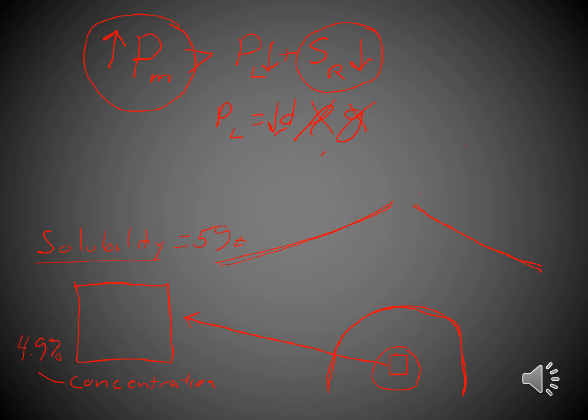Now, I'm telling you that the solubility of these gases in the magma is 5%. So in the magma here, where are the volatiles? If their concentration is 4.9% but solubility is 5%, where would you find the volatiles?